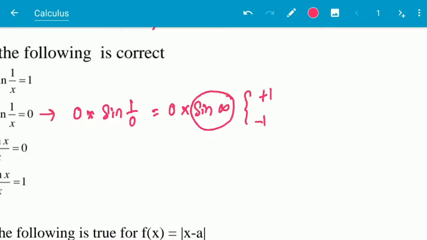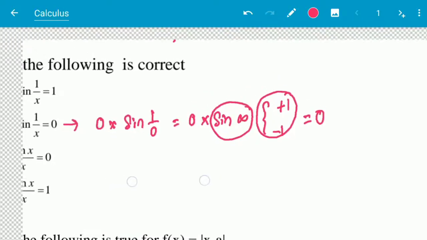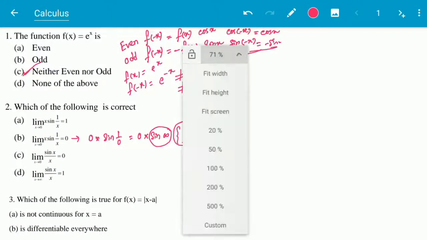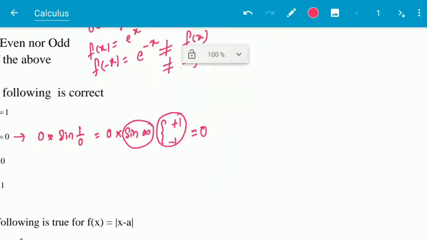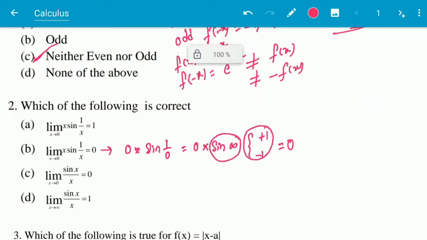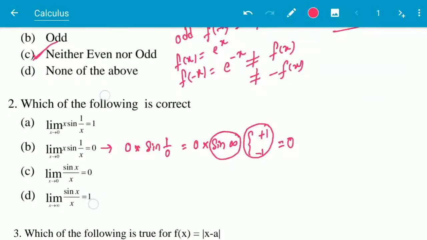So this is a finite value multiplied by 0, and the answer will be 0. So the correct answer is option number B.